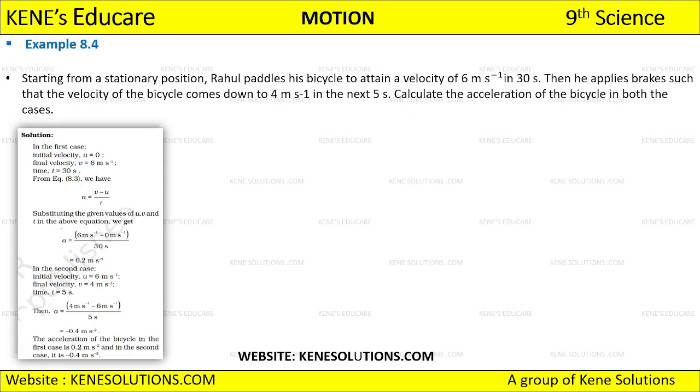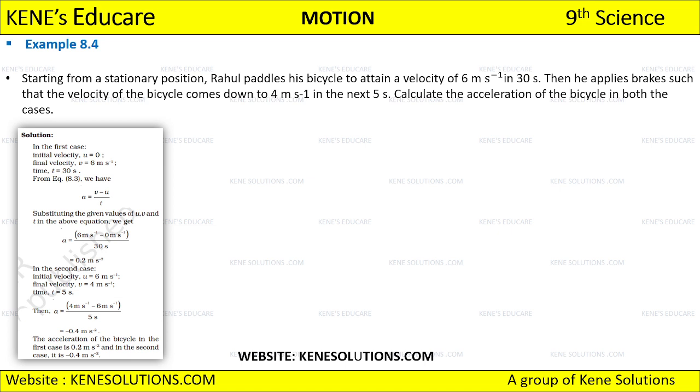After this activity, we discussed example 8.4 as well, where we have calculated the acceleration of a bicycle in both the cases which have been given. Starting from a stationary position, Rahul paddles his bicycle to attain a velocity of 6 meter per second in 30 seconds. Okay, this is one of the cases.